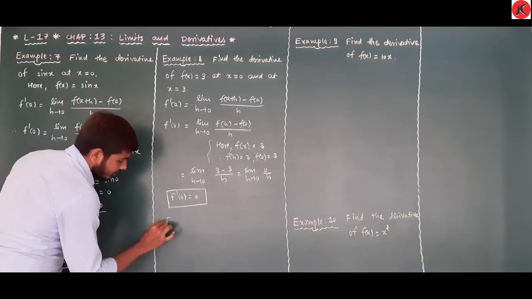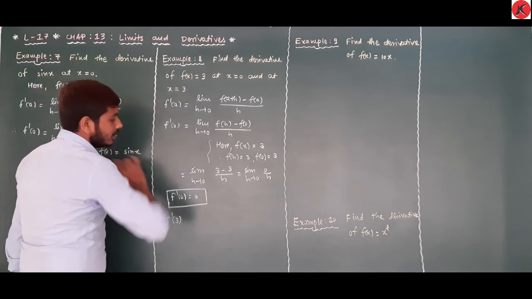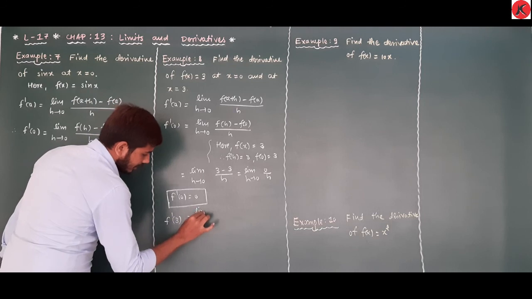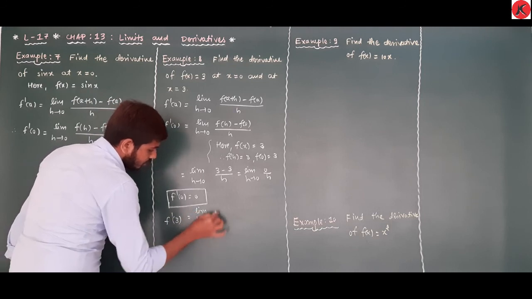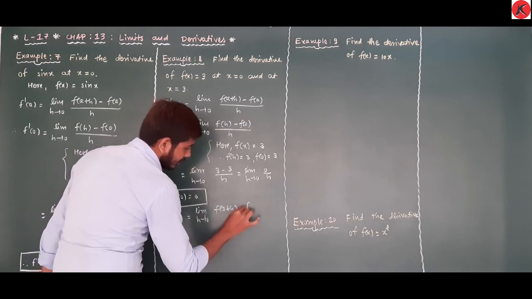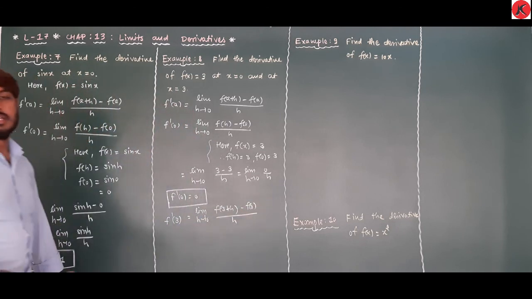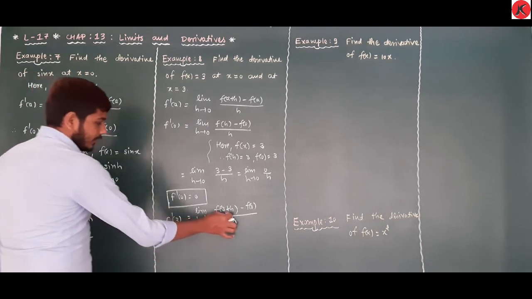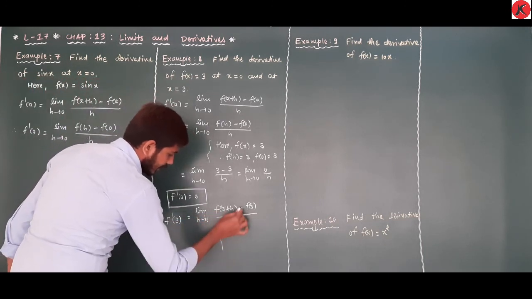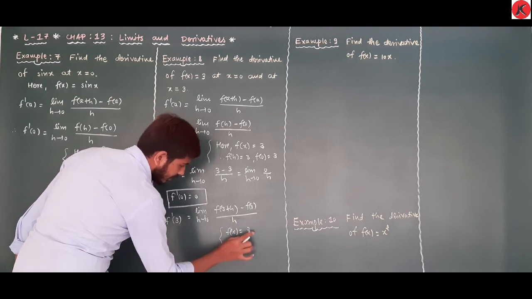Same way find f dash 3 at x equals to 3. Therefore limit h tends to 0 of f of a plus h, means 3 plus h, minus f of a, means f of 3, divided by h. Find the value of f of 3 plus h and f of 3. We will get f of x is equals to 3.